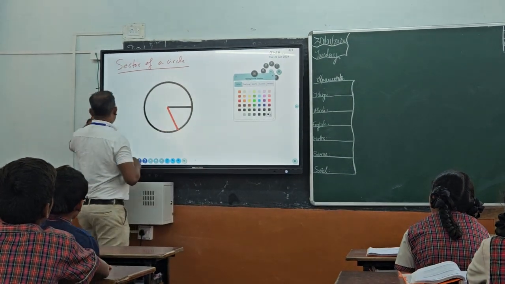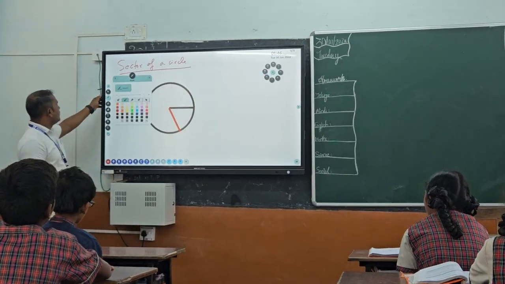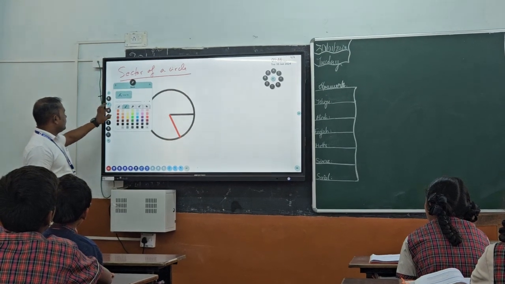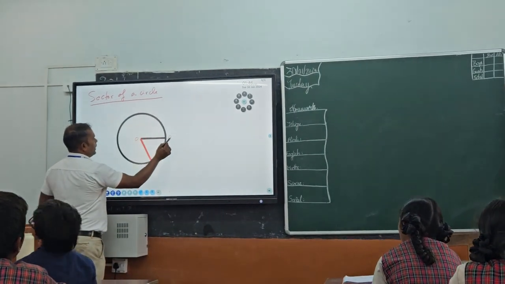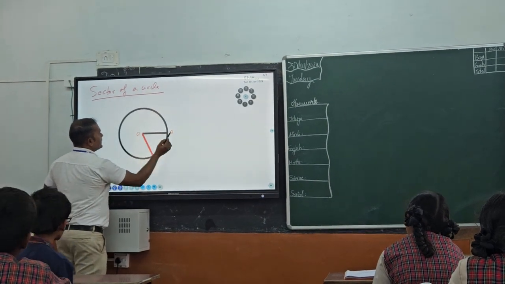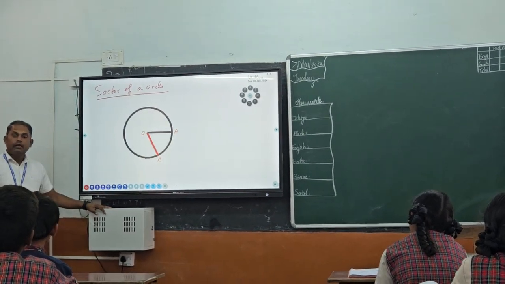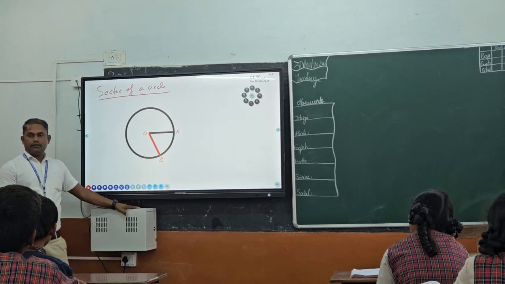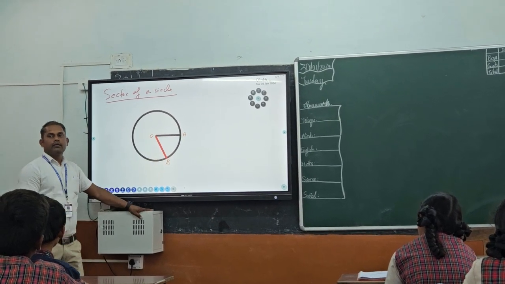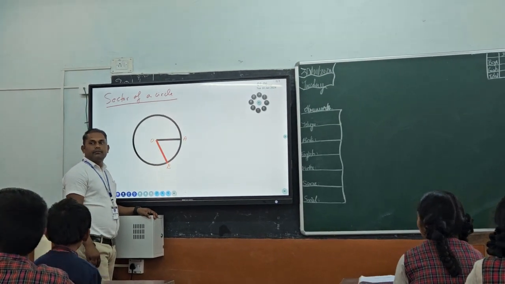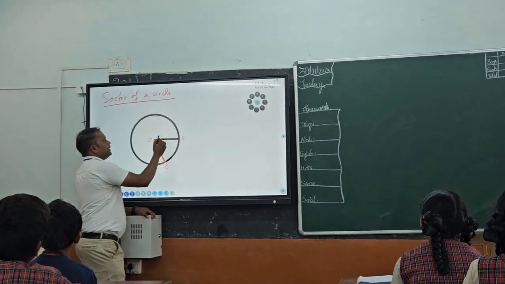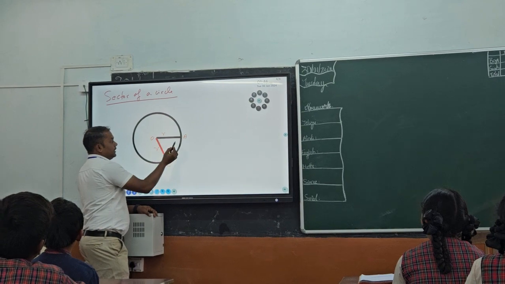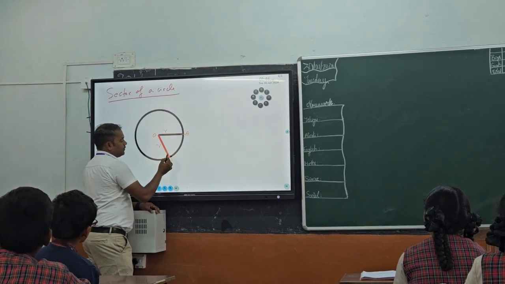Now this area, see, the area bounded between this. O, suppose A, B. OA is what? Radius. OB, length OB, is also radius. OA, OB is what? Radius. This part is called as what?